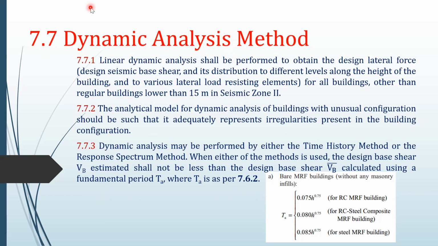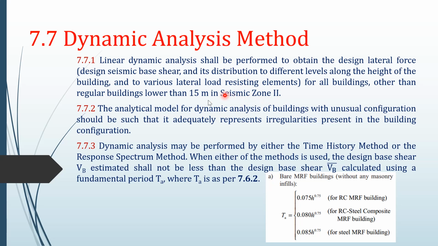So what does the code say about the dynamic analysis method? In clause 7.7, there are provisions or criteria for the dynamic analysis method. First, in 7.7.1, the code talks about the conditions in which dynamic analysis should be used. Linear dynamic analysis shall be performed to obtain the design lateral force for all buildings other than regular buildings lower than 15 meter in seismic zone 2.